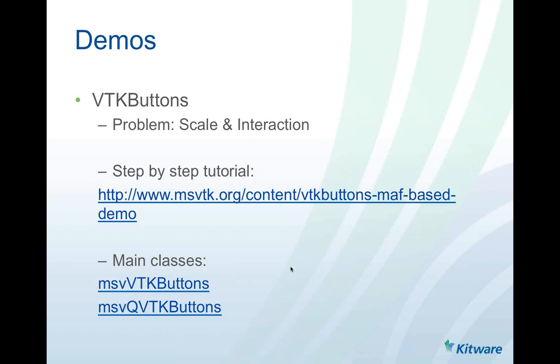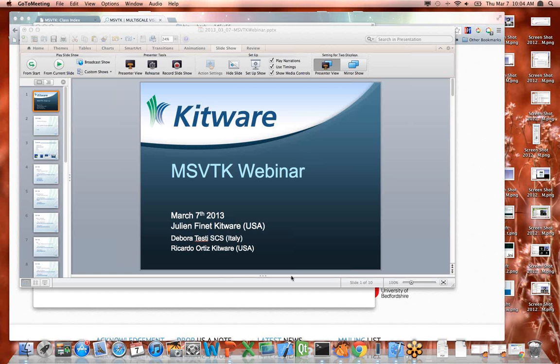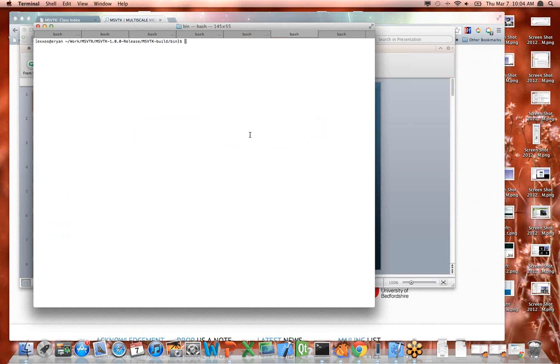But first, this VTK buttons demo is about trying to solve the issue with the scale and interaction with it, how to navigate into your data that are on multiple scale. These VTK buttons are built on top of the existing VTK button in VTK, and we will see that there are new functionalities added to these.